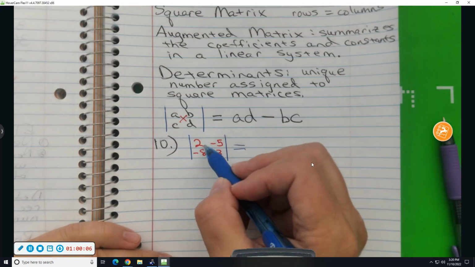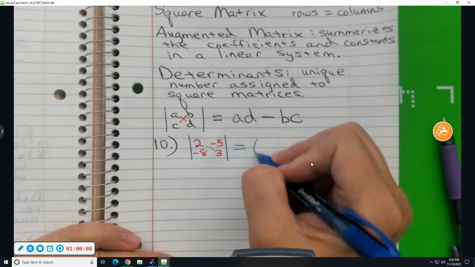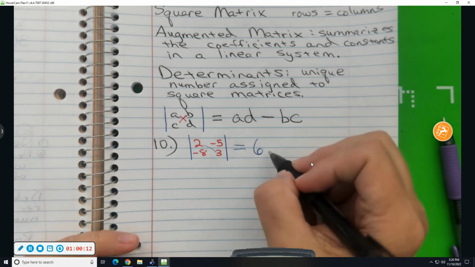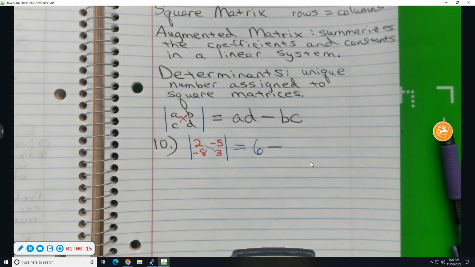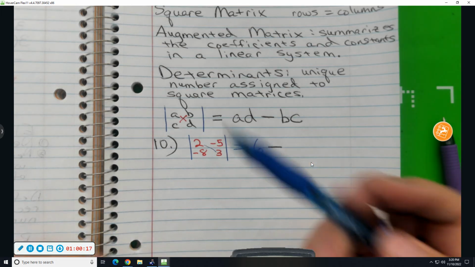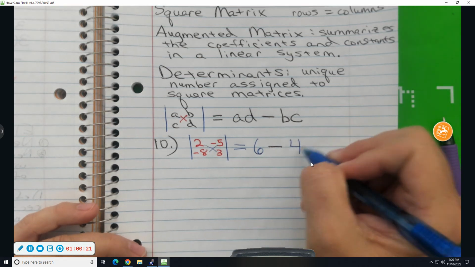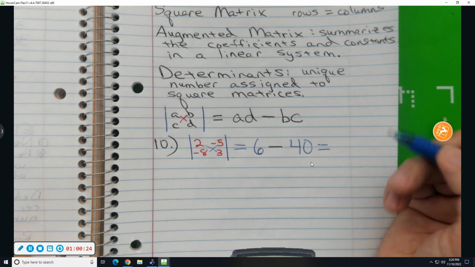So you multiply 2 times 3, which is 6, minus, that minus is from the definition. Then you multiply again, negative 5 times negative 8, that's a positive 40, but because of the minus, it equals negative 40.